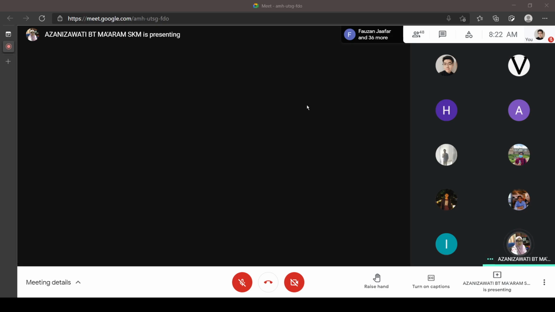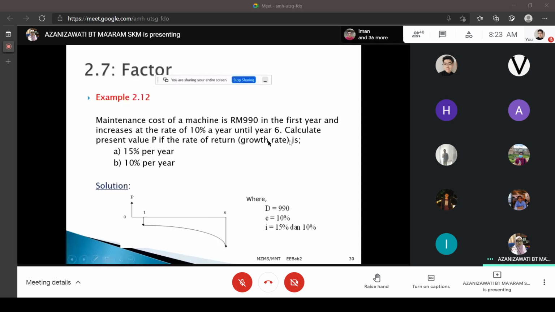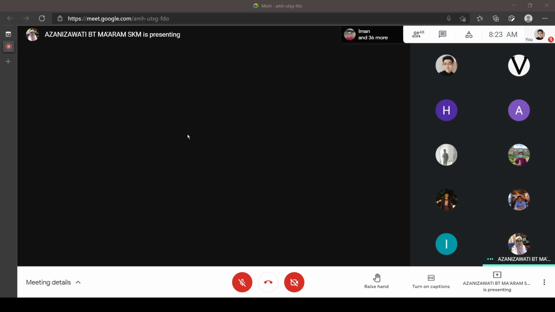Right, so this is an example. Maintenance cost of a machine is 990 in the first year and increases at the rate of 10% per year until year 6. Calculate the present value P if the rate of return, growth rate, is 15% per year and 10% per year.